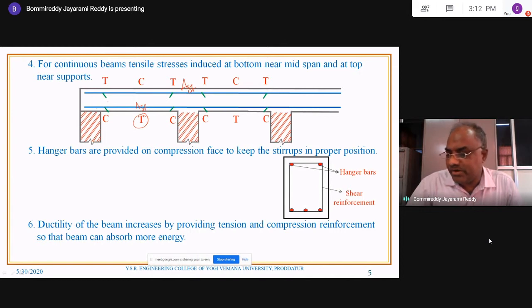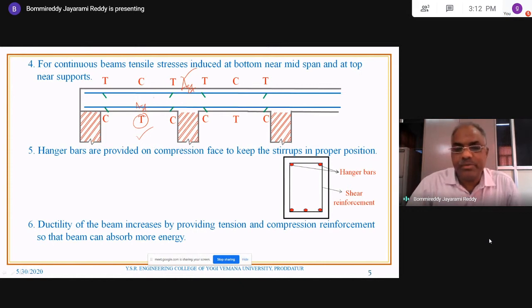So considering all these points, continuous reinforcement is required, and more reinforcement is provided wherever it is required. That means more reinforcement is required exactly over the supports at the top, and exactly at the midspan at the bottom, and in all remaining parts we can provide the minimum quantity of reinforcement.